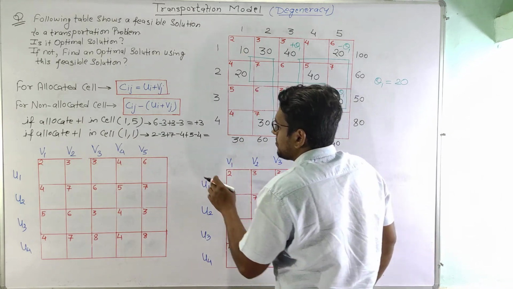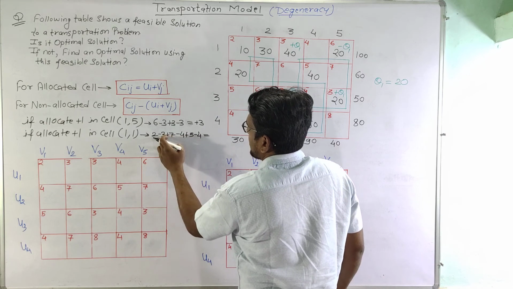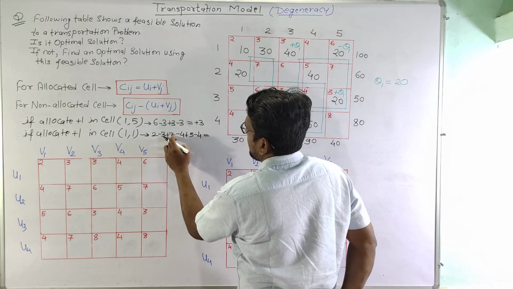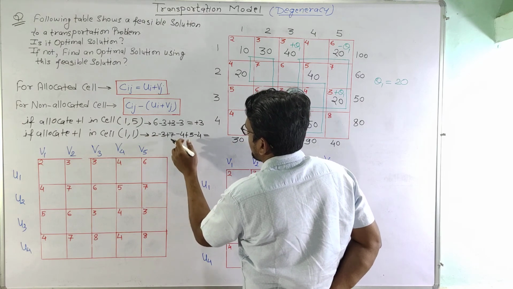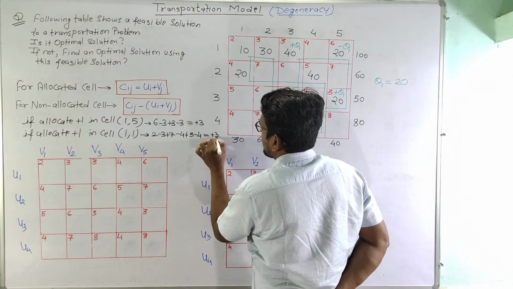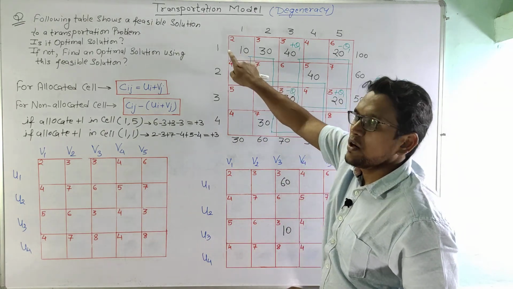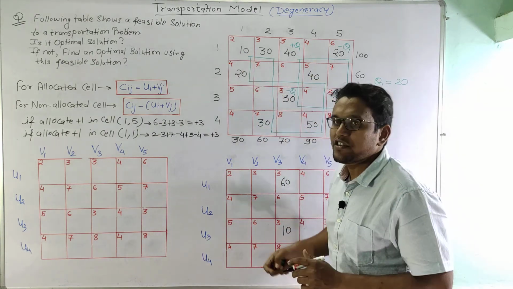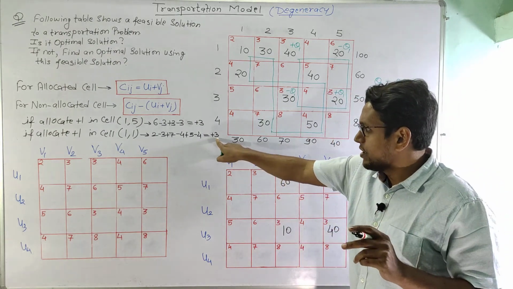Okay, so from here we can see that this is minus 11, this is 12 plus 2, 14. So 11 minus 14, this will be coming as plus 3. That means if I allocate 1 unit here, the overall change in the transportation cost is increased by 3.